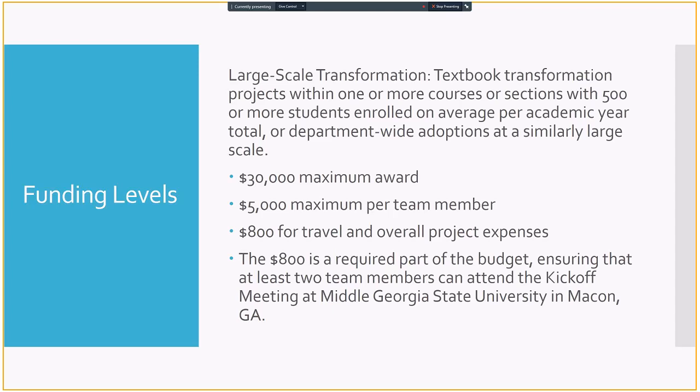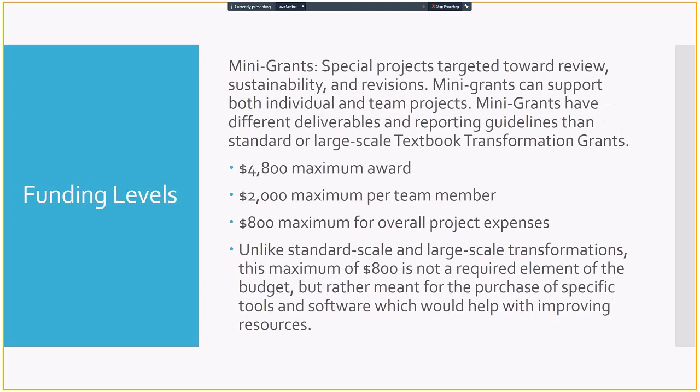So for a large-scale transformation, we are looking for at least 2 team members to attend. The requirements are basically the same, so the travel and overall project expenses stay the same. Those are the differences between standard and large. They're both the same type of textbook transformation grant, but they differ in the maximum award, in order to ensure that there are more people on the team.